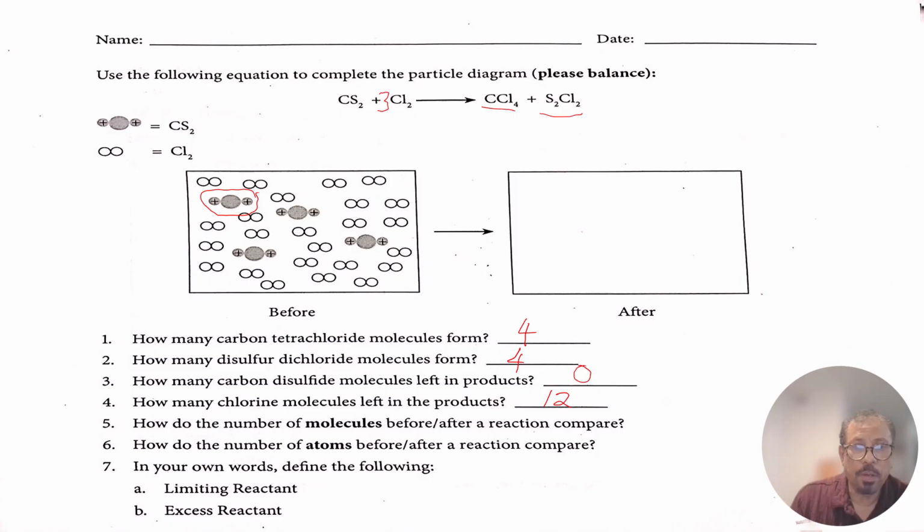How do the number of atoms before and after the reaction compare? Now, if you compare the number of atoms, you have here 1 carbon, 1 carbon, you have 2 sulfur, 2 sulfur, you have 6 and 6, so they are the same. Sorry, the number of molecules here, they talk about the molecules. Of course, they are not the same. Here we have 4 molecules.